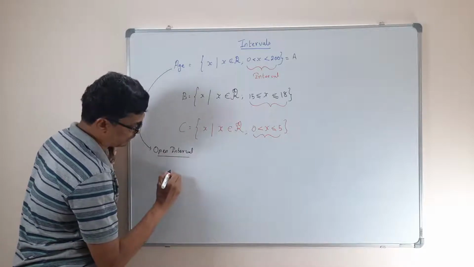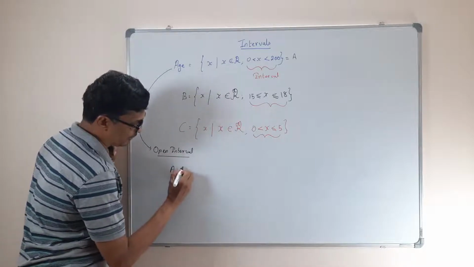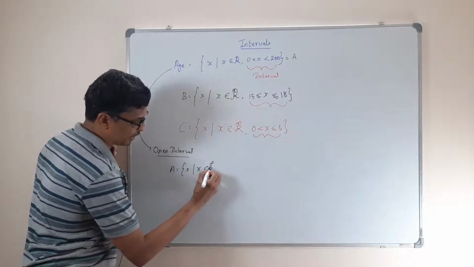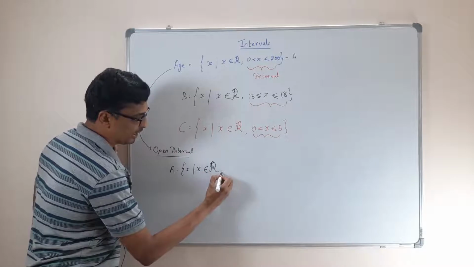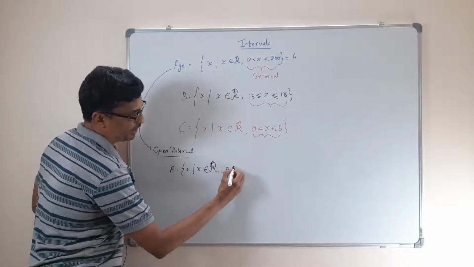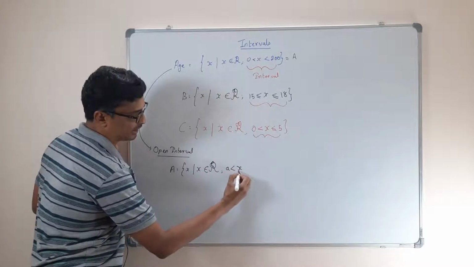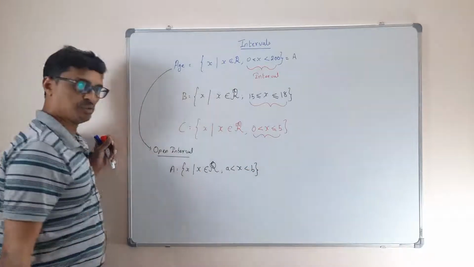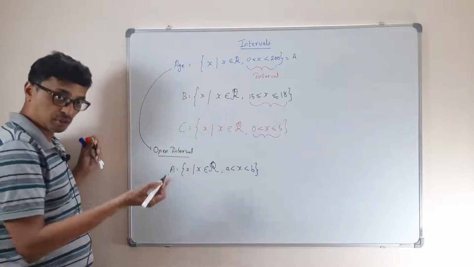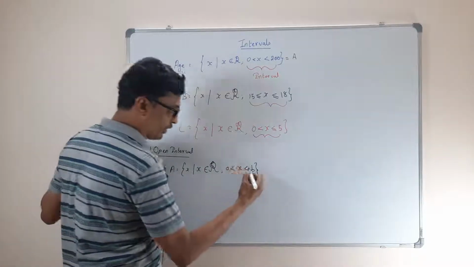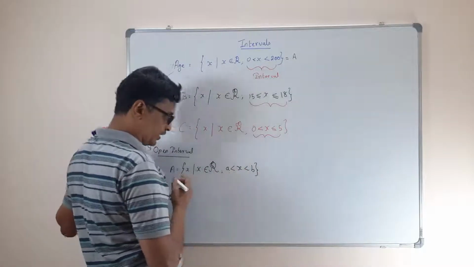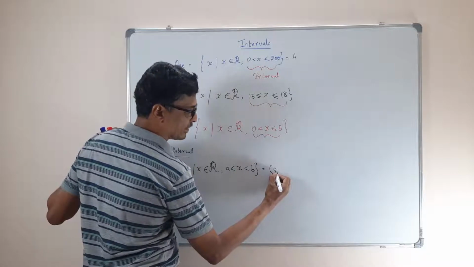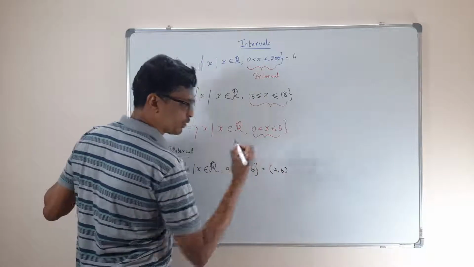Let me call the interval (A, B), which is equal to X, such that X is an element of real numbers, and X is greater than A and less than B. The notation used for this open interval is to put a parenthesis and then put A comma B.